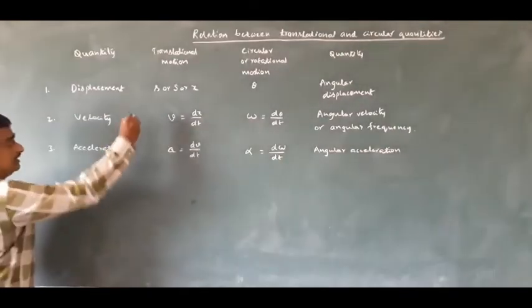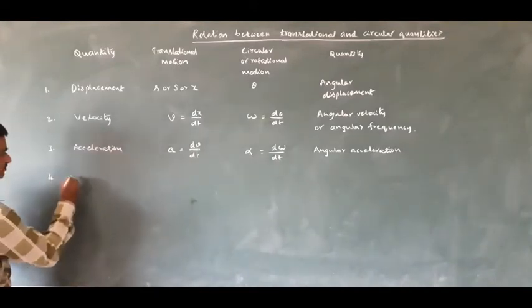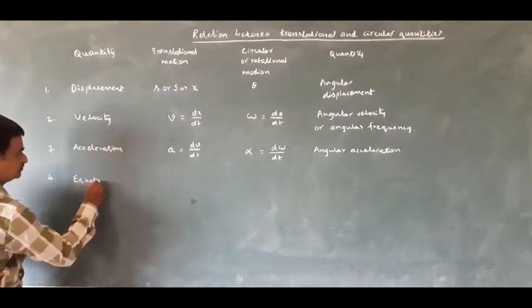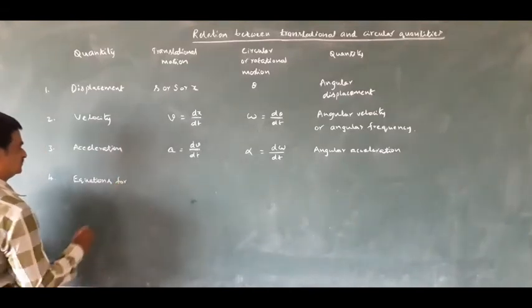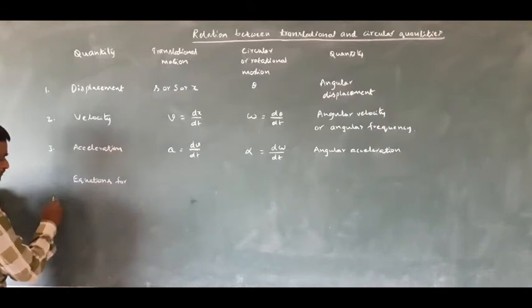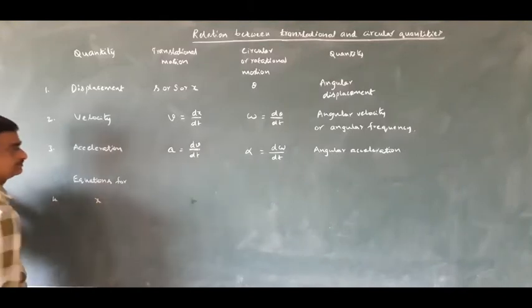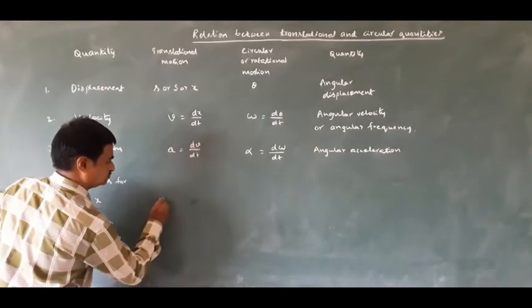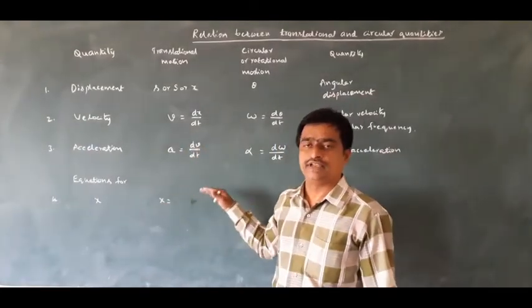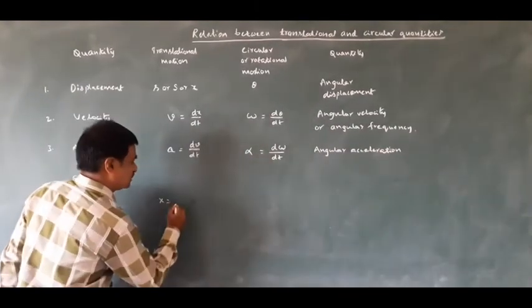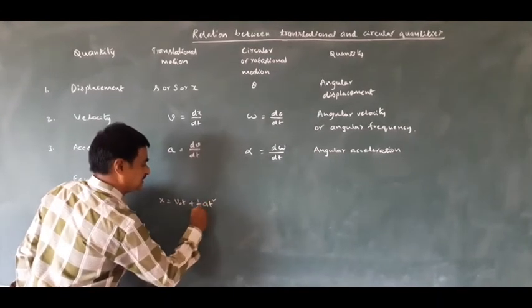First, now we see equations. For x, S is equal to ut plus half at square, or x is equal to v naught t plus half a t square.